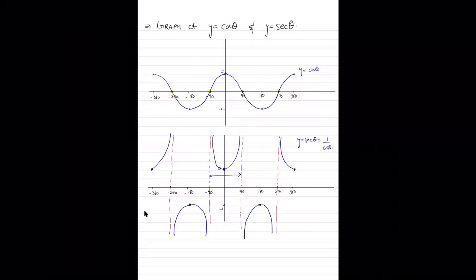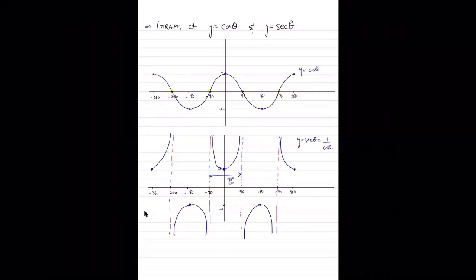These asymptotes are still 180 degrees apart. The period still remains the same. Now I can say 180 degrees or pi radians.